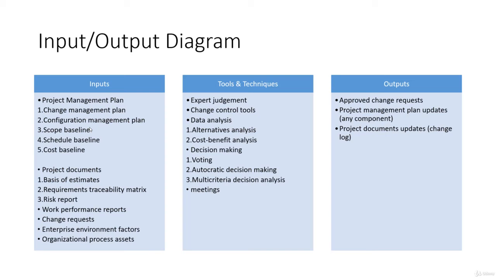So every organization, every project will have their own predefined rules, and they will use that for multi criteria decision analysis. Other than that, we have alternative analysis, which I have mentioned earlier, that it is used to assess the requested changes and decide which are accepted. So we are looking at the alternatives.